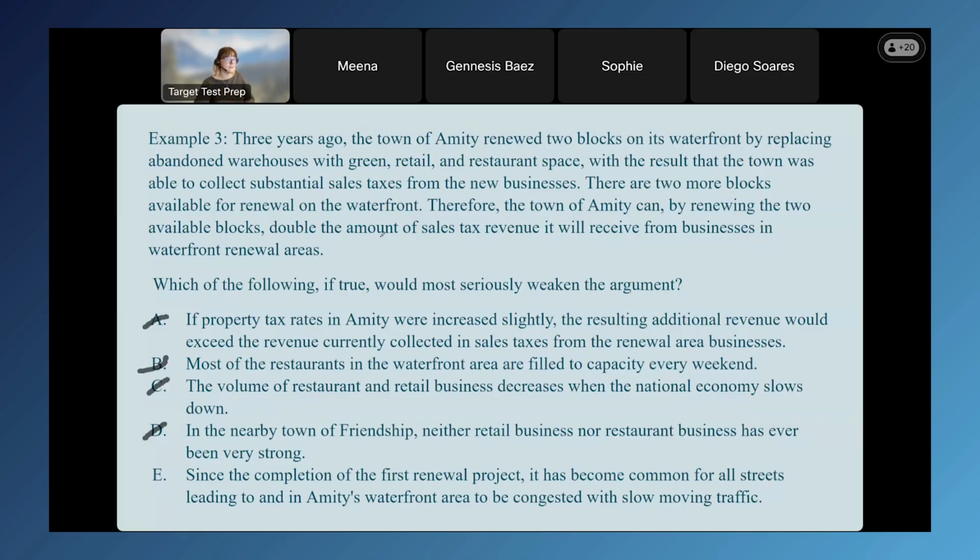It might be that there's not enough road for shoppers and diners to get down there. And so even if they added more, the streets are already at capacity. So this one is our weakener.